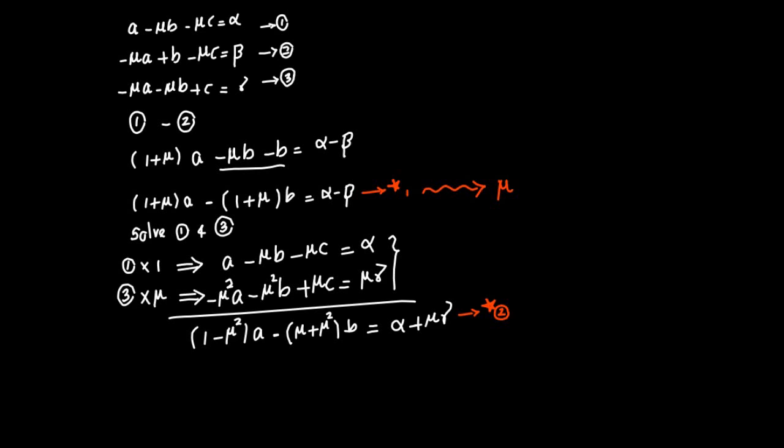If I multiply star equation 1 by mu, I'll be getting mu plus mu square into A, minus mu plus mu square into B, is equal to, hitting it with mu on the right hand side, mu times alpha minus mu times beta.